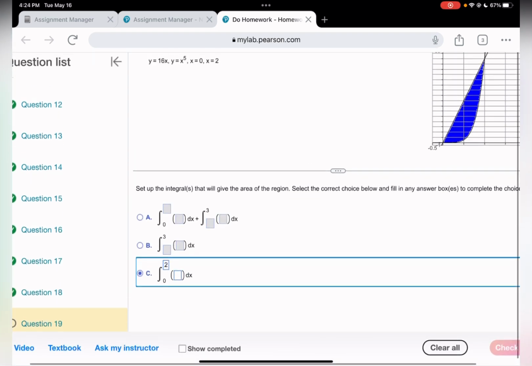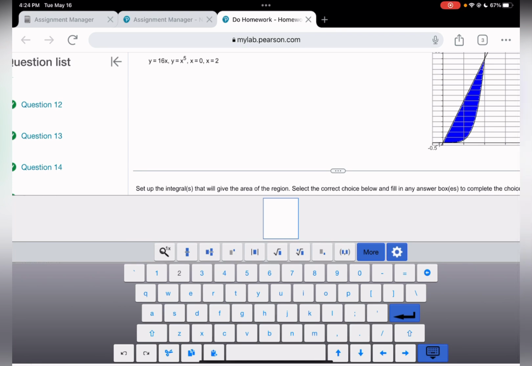And here I'm going to put 16x, top boundary, minus x to power 5. Where are my parentheses? Here it is. I'm closing. Oh no, this is curly braces. Oh, here it is. And this is opening.